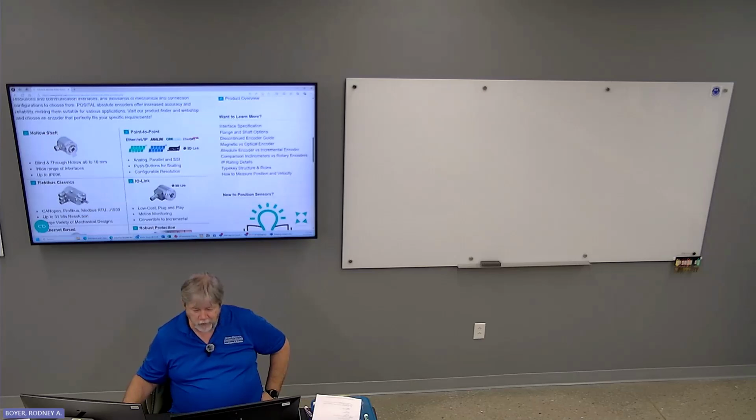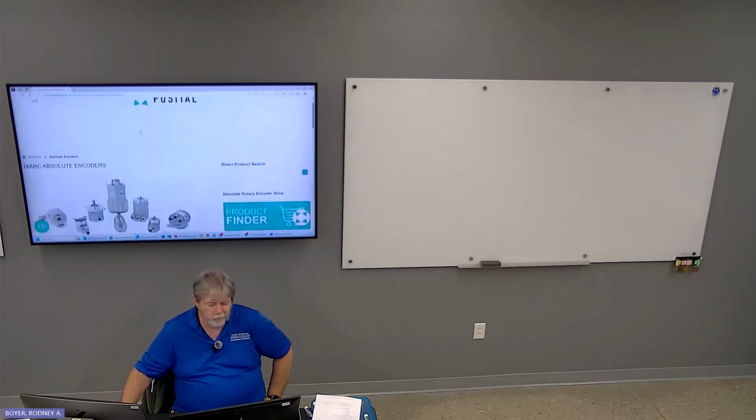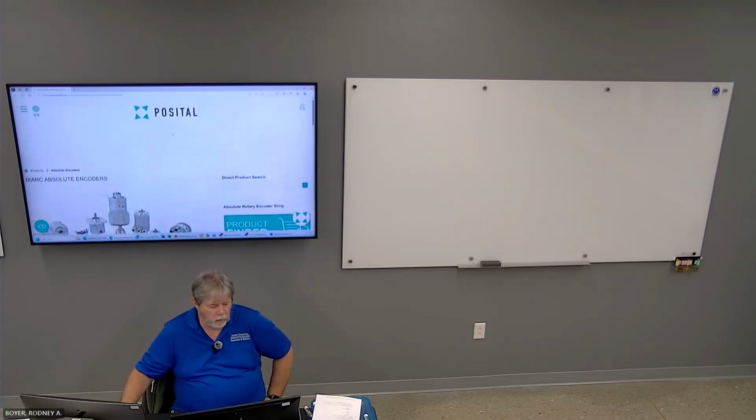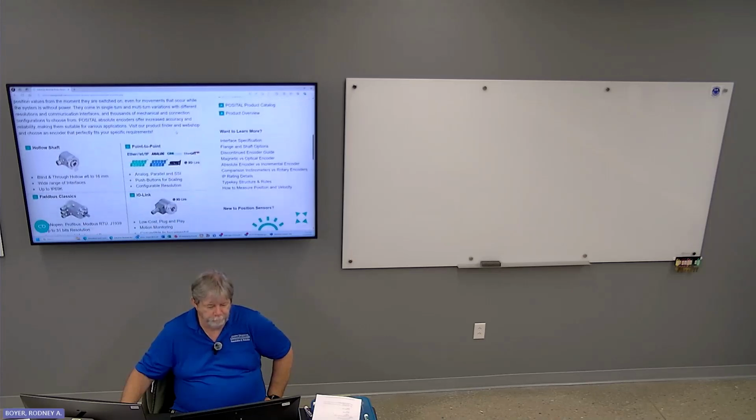The EIP encoders that we originally used over there at CPS were Posital. This is the website where you get the encoder parts.